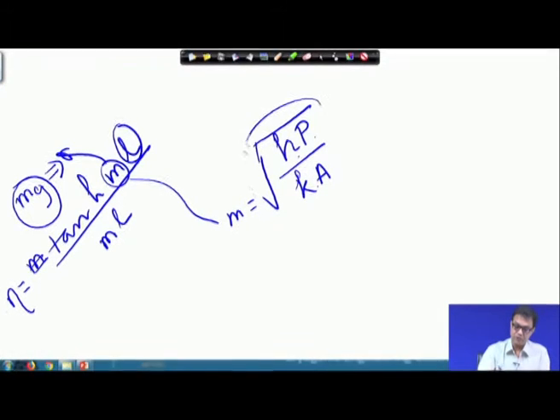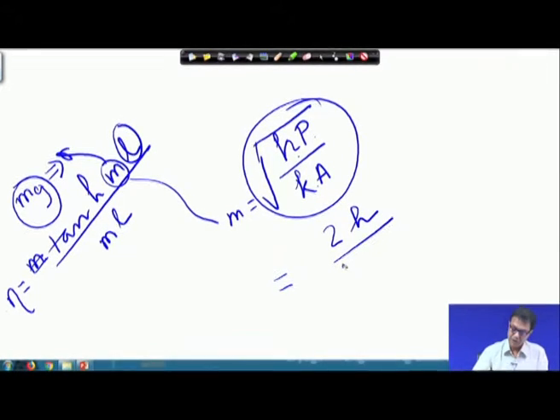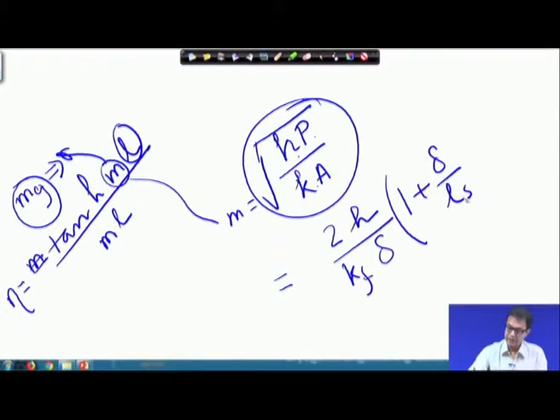If we put these values for this particular situation, m will be root over 2h by K_f delta times (1 plus delta by L_S), where delta is the thickness of the fin and L_S is the lance length of the fin.